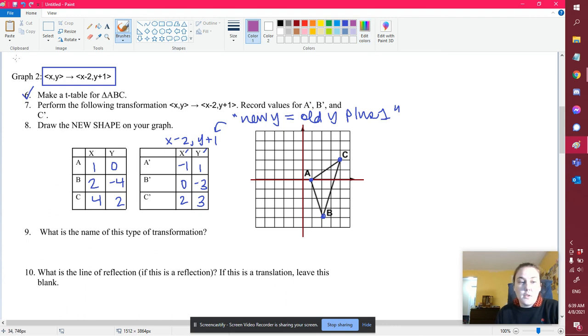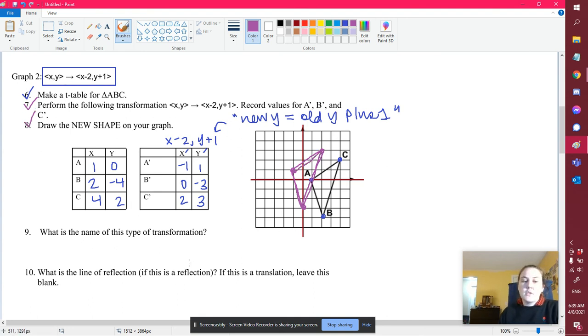We're now going to graph these new points. Here, here, and here. Draw this in. New triangle.